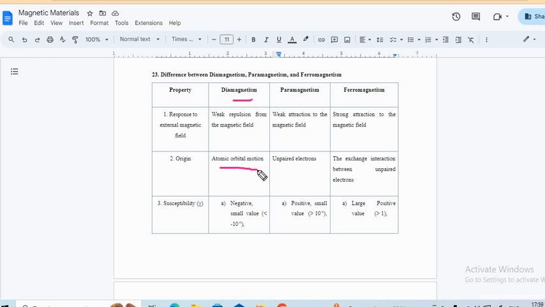Remember it, it's orbital motion. For the paramagnetic material, it's the unpaired electron. And for the ferromagnet, it's the exchange interaction between the unpaired electrons. Remember this particular picture. The magnetic moments are not aligned, and as you apply the field, they get aligned. So there will be some exchange interaction for the ferromagnet.